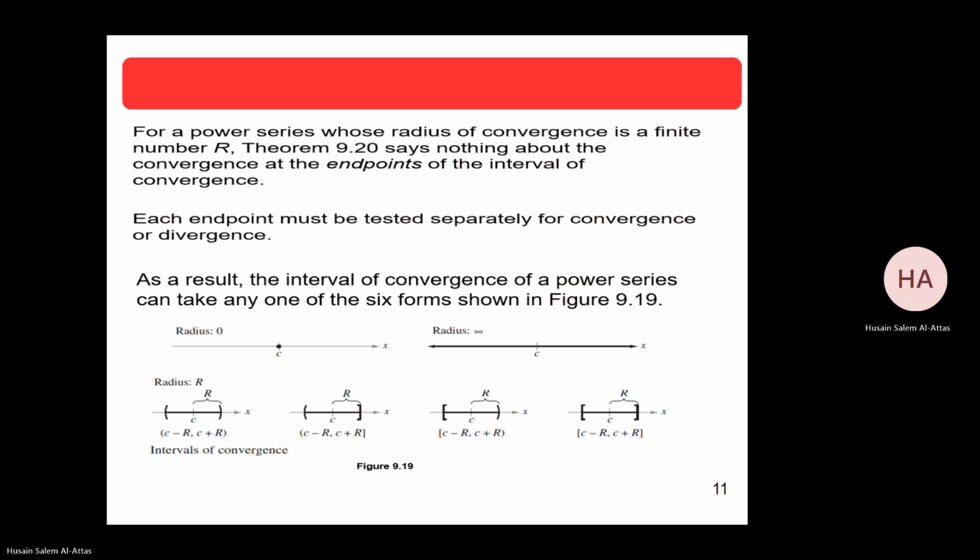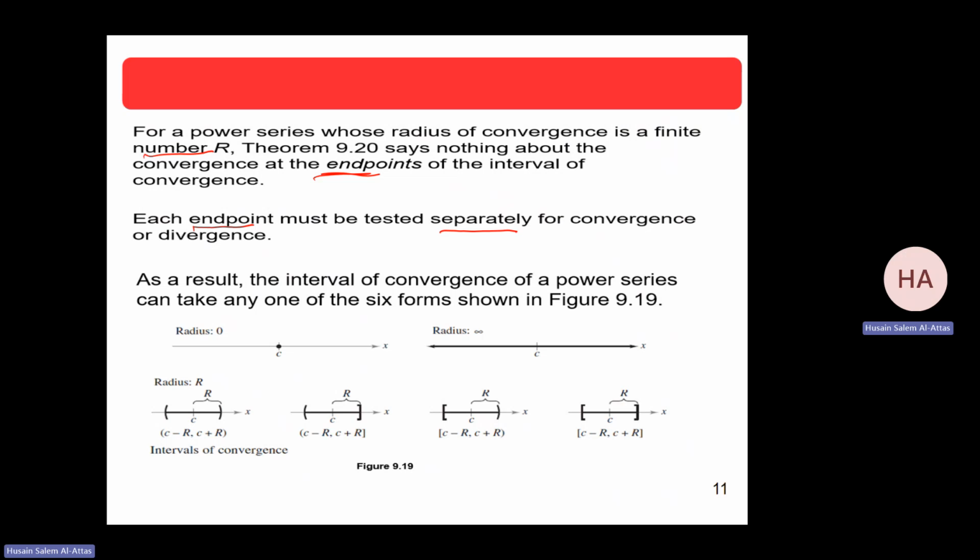Okay. If I have a finite number r, it's really saying nothing about the convergence at the endpoints. So we need to check these endpoints separately. And by the way, we cannot use the ratio test; I need to do another test.